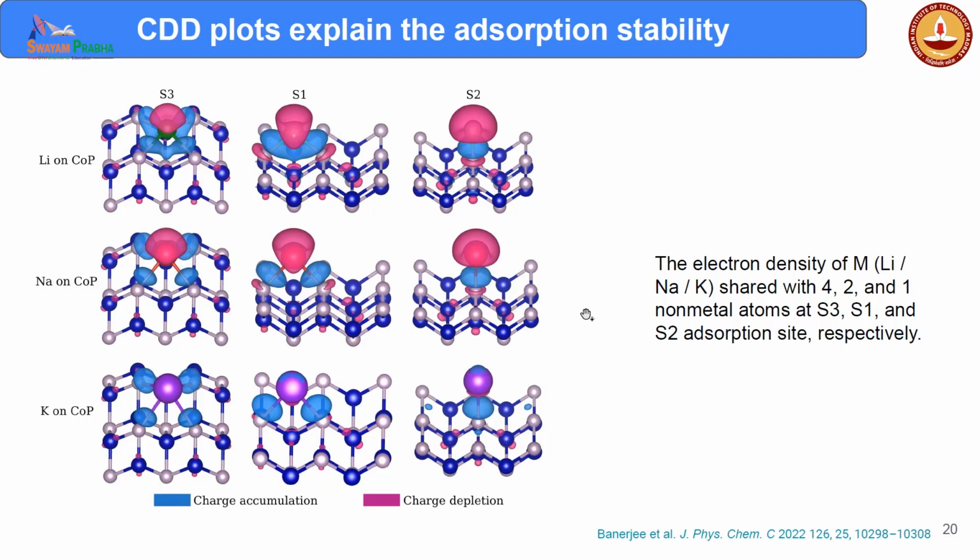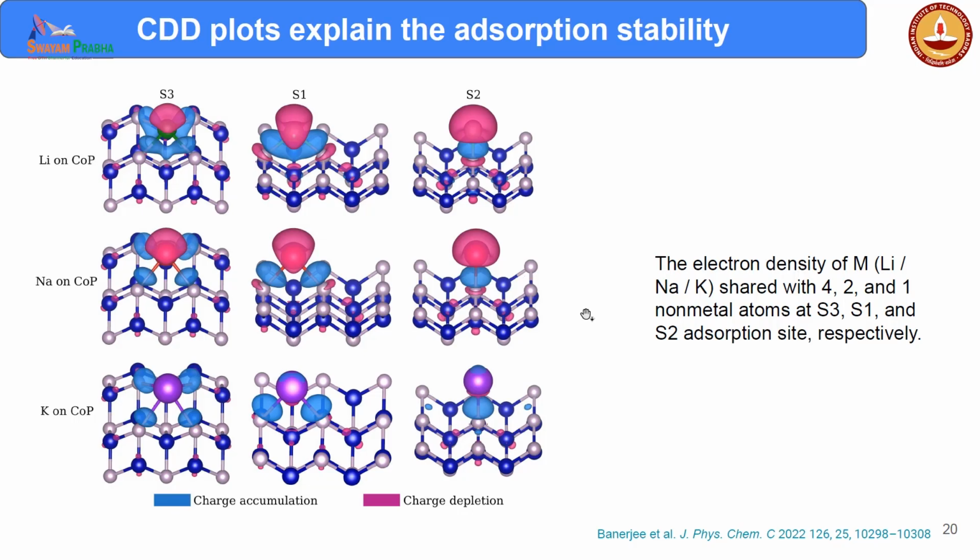For each case that is the same, and here we have shown only the cobalt phosphide, for the lithium, for the sodium and for the potassium. And you can clearly see that lithium is donating the electrons and it is going to 4 particular atoms there, okay, 4 non-metal atoms. Whereas for the case of the S1 site, it is only going to 2 atoms. And for the last one, it is going to only 1 atom.